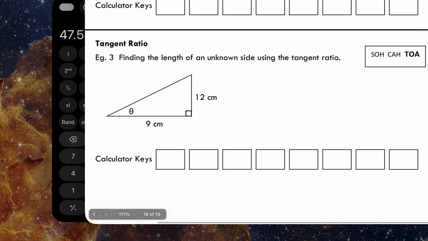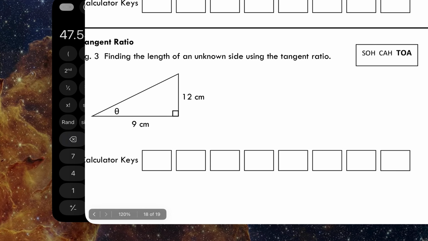The tangent ratio, similarly, here's theta, here's a reference angle, and tangent of theta is the opposite side, so 12 here is our opposite side, 9 is our adjacent side, and the opposite over the adjacent is the TOA here, opposite over the adjacent, that's our ratio. So make sure you put it in the correct order. Opposite comes first, which is 12, and 9 is the adjacent, which goes on the bottom. As long as you're identifying the correct sides.